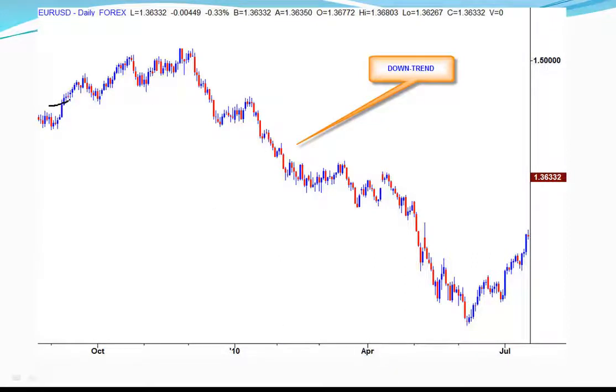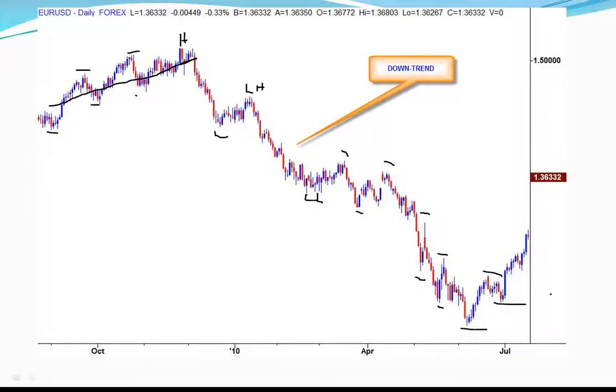So the prior move up was in an uptrend, as you see here. You had a low, you had a high, you had a higher low. We don't know exactly what the data was in the past, but establishing the fact that this would be the high, and that would be a low, and then a lower high, a lower low, lower high, lower low, and so on, until a higher low.